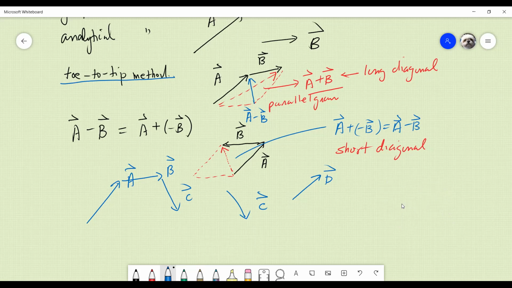So what is D? D is right here. I'm going to erase them all, we don't need that anymore. Now, what is A plus B plus C plus D? The way you draw it is starting from wherever you start, and then connecting them here. So that would represent A.